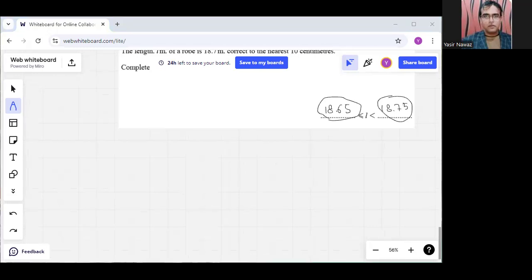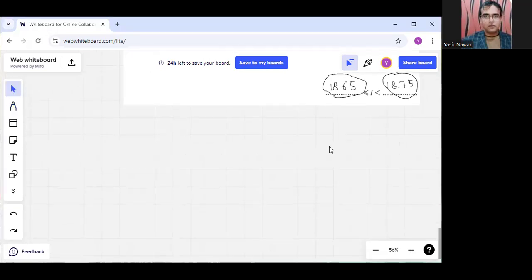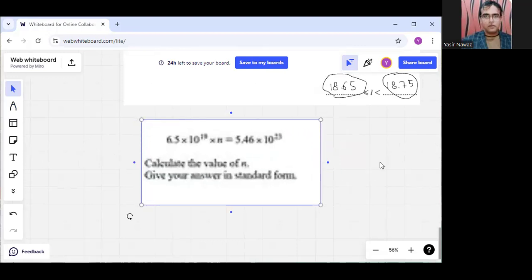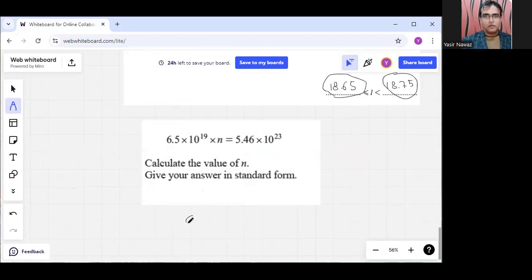The next question is to calculate the value of n. Give your answer in standard form. So it is 6.5 times n.